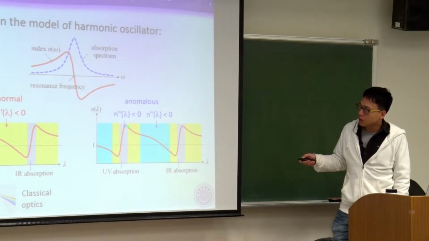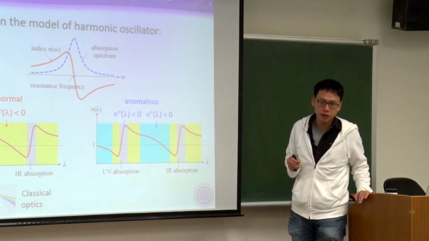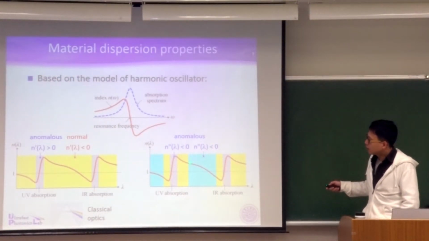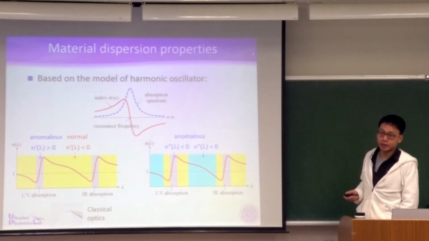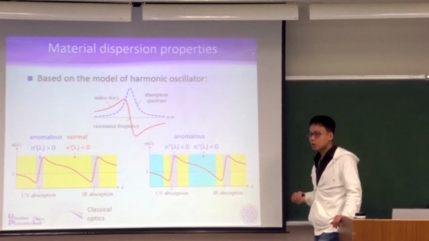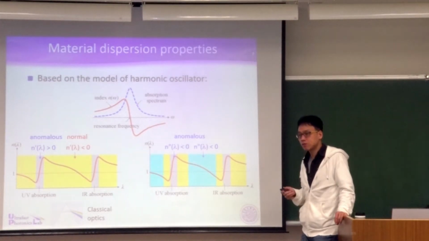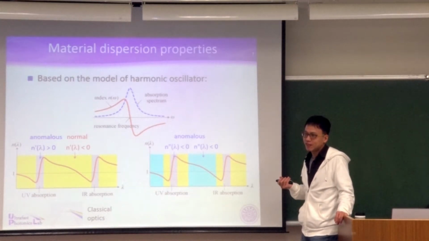But you can see, in addition to the area around the absorption peak, there is another region with negative curvature, or a convex function. So both the gray area and the cyan area represent anomalous dispersion if you use the second order derivative as the definition of normal or anomalous dispersion.